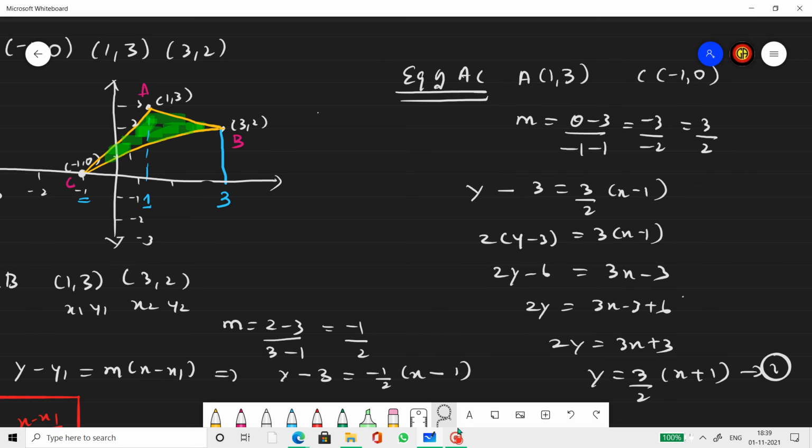Remember one thing, once you fix your x1, y1 and x2, y2, make sure you stick to the same x1, y1 while forming the equation. So do not take 1, 3 as x1, y1 for finding the slope, and when you start the equation, do not consider x1, y1 as minus 1, 0. Once you decide which one is x1, y1, stick to the same x1, y1 when it comes to the equation also.